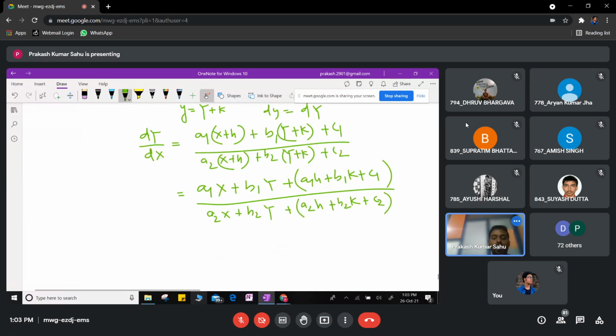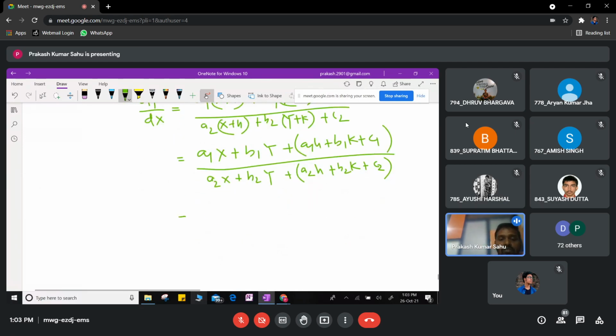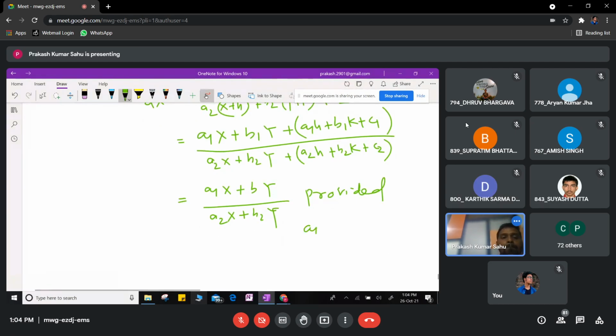If you simplify, now a1X plus b1Y divided by a2X plus b2Y is homogeneous, provided a1h plus b1k plus c1 is equal to 0 and a2h plus b2k plus c2 is equal to 0.